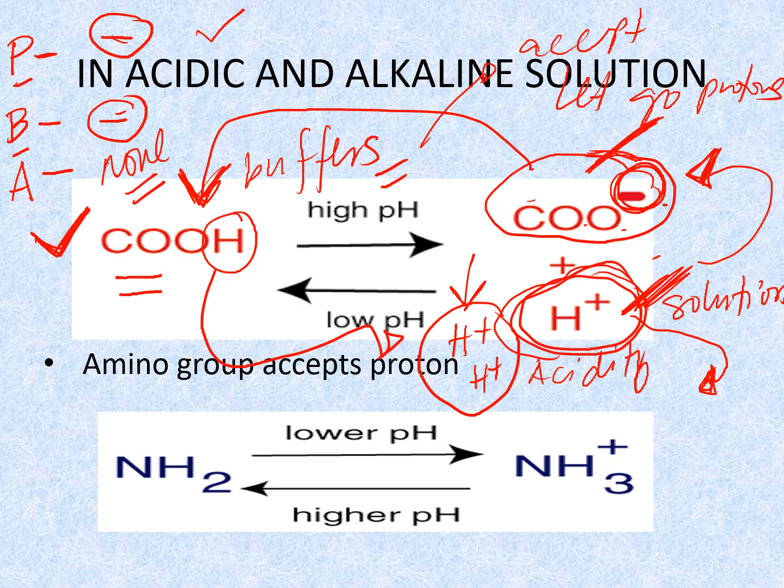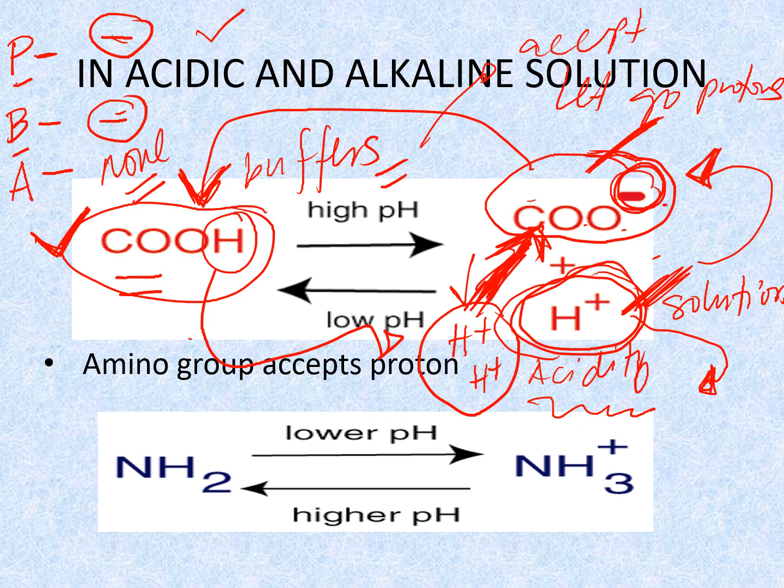If that happens, the COO negative of your amino acid will now become the COOH. So all the protons in the solution, in the blood, for example, will be captured by the carboxyl group. Right? So that means your amino acids can also act as a buffer.